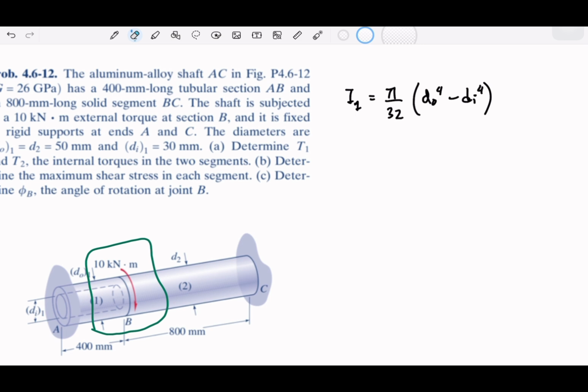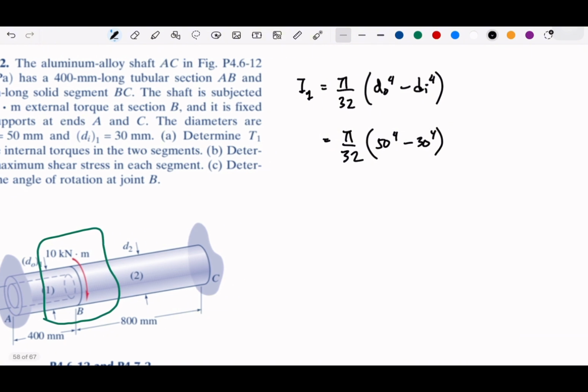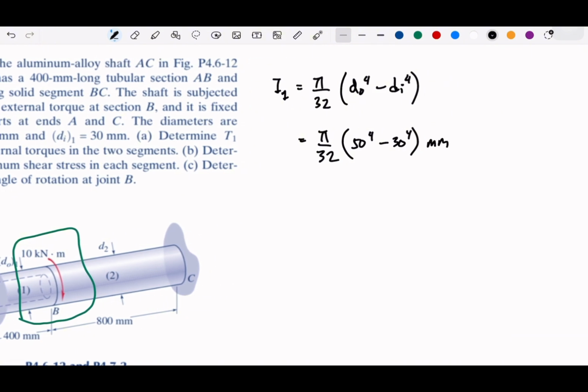So let's use this formulation, and we can put in all the information. The outer is 50, so 50 with power of 4 minus 30 with power of 4. This is millimeter with power of 4.